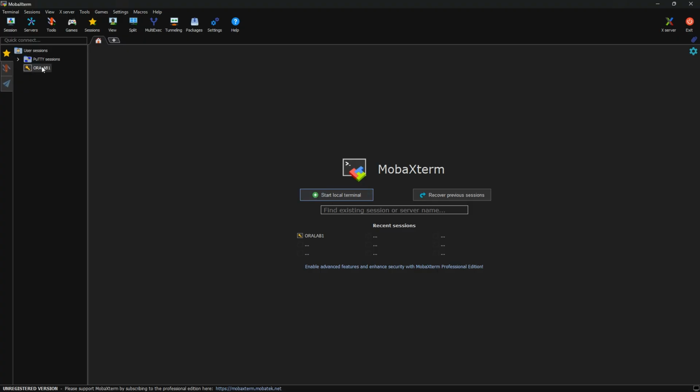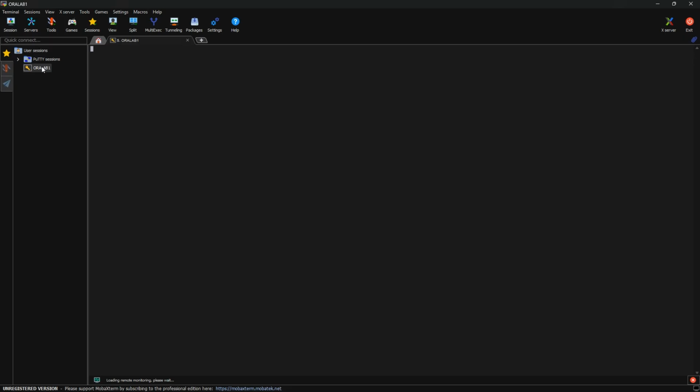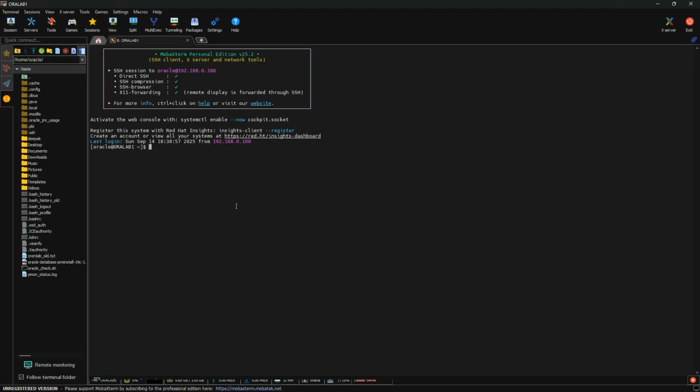Okay. So I'm connecting to my lab machine. I have built one lab machine, Oracle Lab one. So I'm going to connect to it. So this is an Oracle instance, an Oracle database server running. Okay. So let me connect to my database.